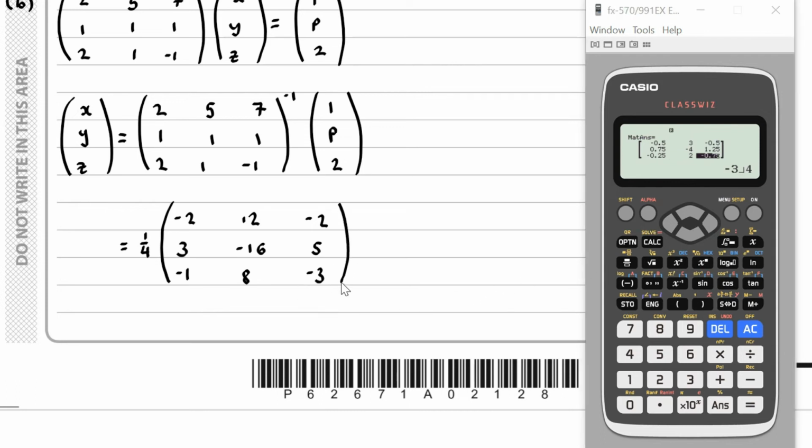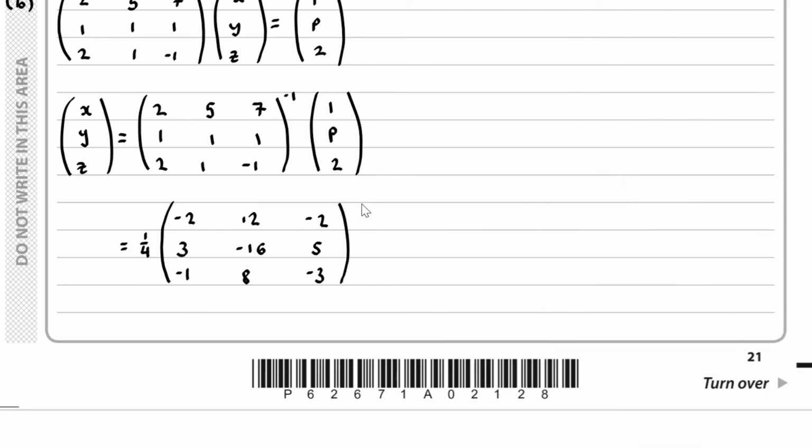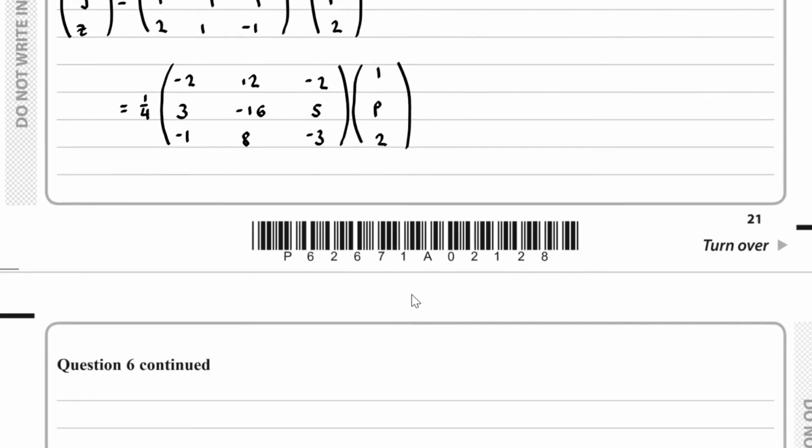It just makes things a little tidier. So then we will multiply this by the vector 1, p, 2. So now what we need to do is multiply all this together.